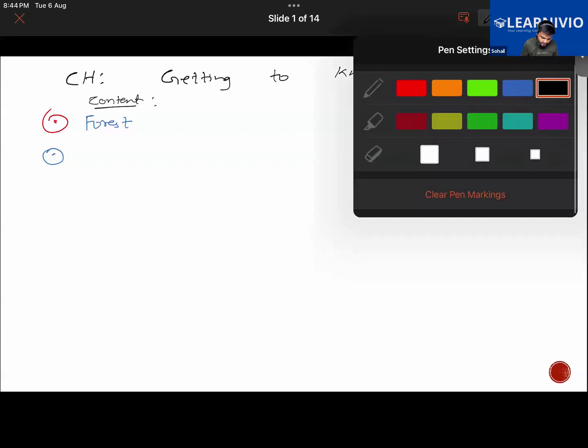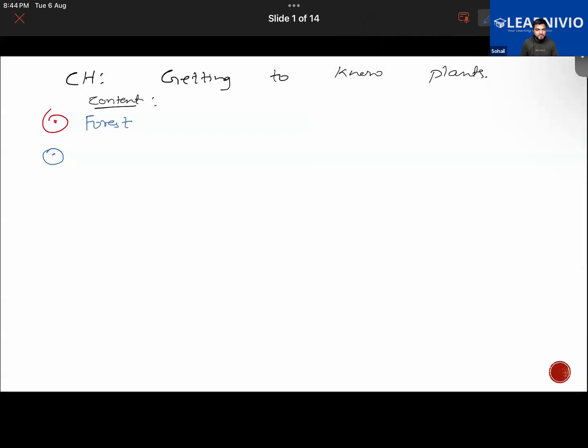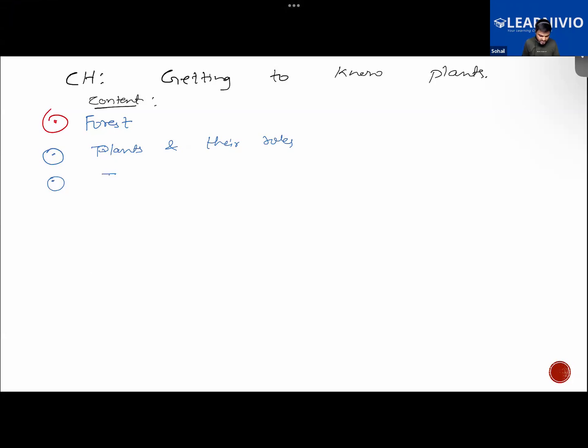So in this chapter, we would be learning about forest, then plants and their roles. After this, we would be learning about types of plants, namely herbs, shrubs, and trees.